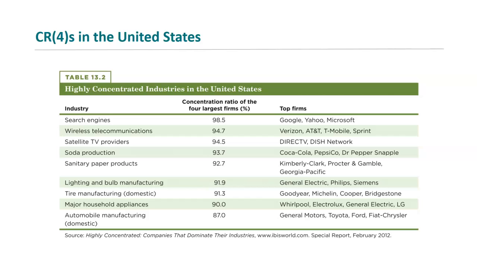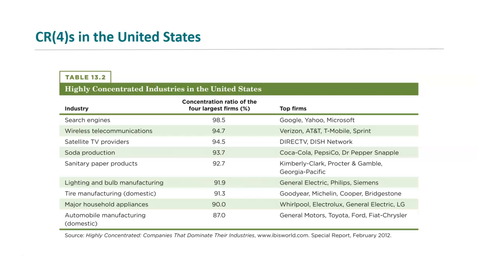Wireless telecommunications: Verizon, AT&T, T-Mobile, and Sprint. Those four hold 94.7% of the sales in the wireless telecom market. Satellite TV: just two of them, DirecTV and Dish Network, have 94.5% of that market. Soda: Coke, Pepsi, and Dr Pepper Snapple have over 90%.